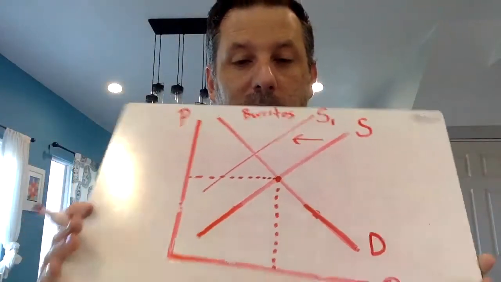Now I want to label my original equilibrium and my new equilibrium. I'm going to label my original equilibrium, the intersection between my original supply and demand, P sub E for equilibrium and Q sub E for equilibrium.